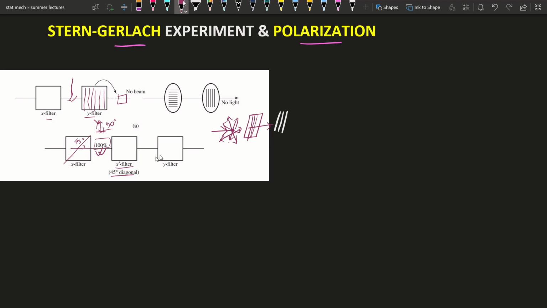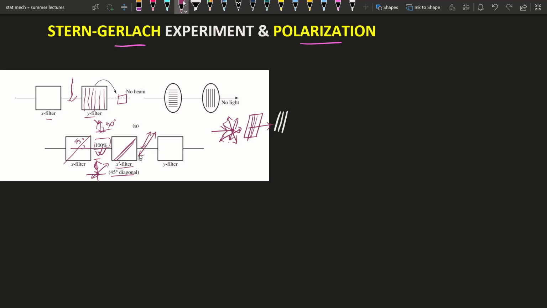This beam will pass through it, and this is the pass axis of this filter. The beam here was this, which doesn't have any perpendicular direction component, but it has a 45 degree component, right? And that 45 degree component will be passed through first after this filter, and that is like this.